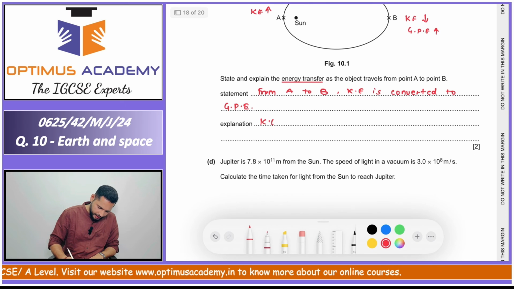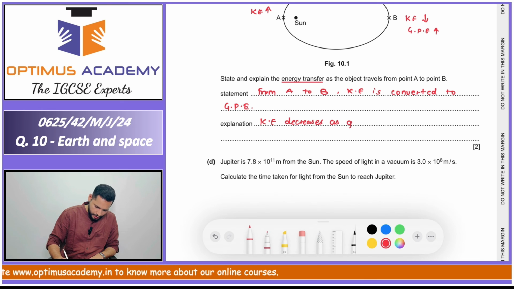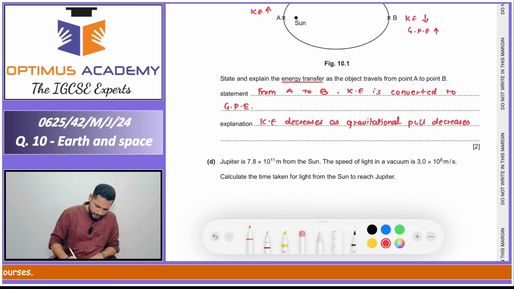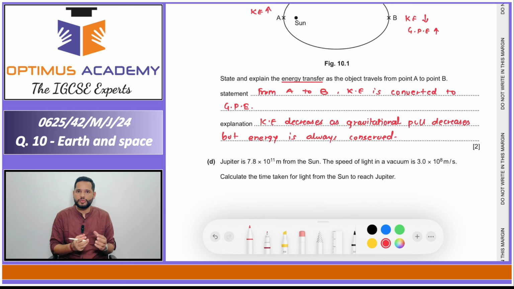In explanation, we can write KE decreases as gravitational pull decreases, but energy is always conserved. So since the energy is always conserved, whatever decrease in kinetic energy will result in increase in gravitational potential energy of the planet.